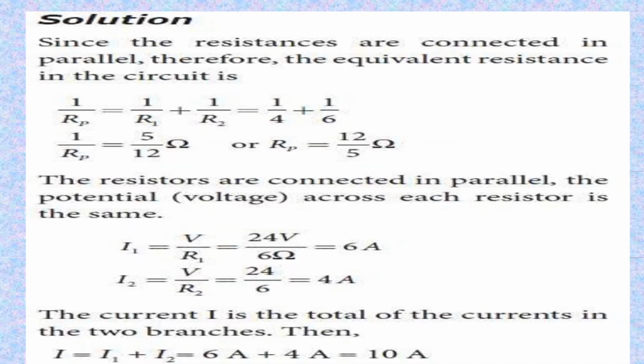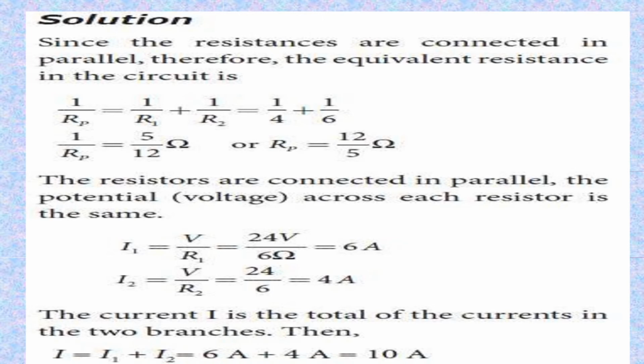Now here is the solution. Since the resistances are connected in parallel, the equivalent resistance is given by 1 over Rp, and by putting the values in the formula 1 over R1 plus 1 over R2, we will have 1 over Rp is equal to 5 over 12 ohm, or we can say that Rp is equal to 12 by 5 ohms.